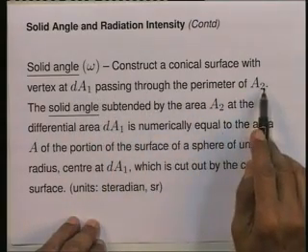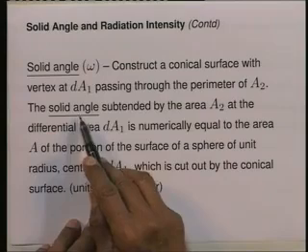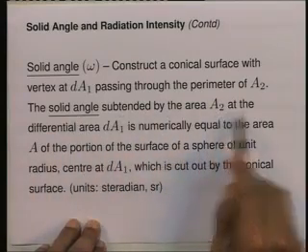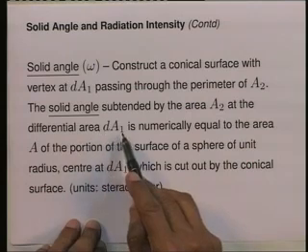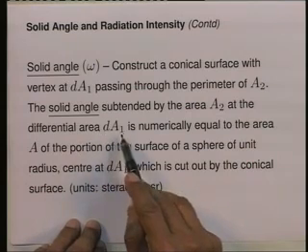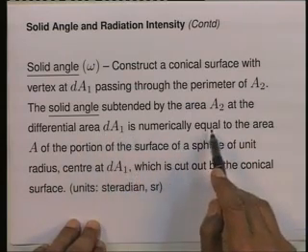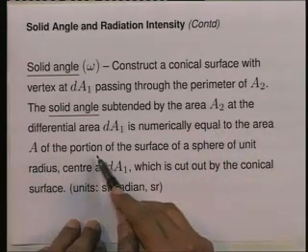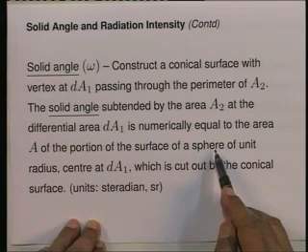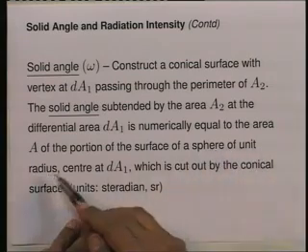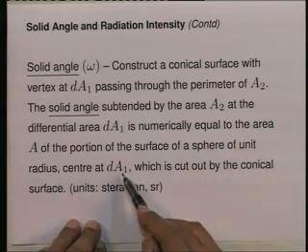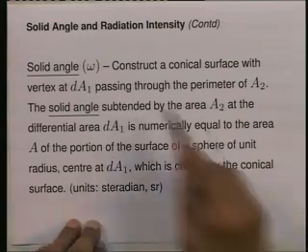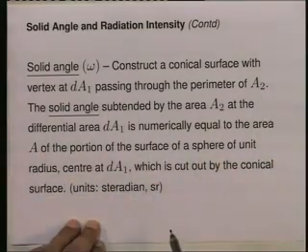The solid angle subtended by the area A2 at the differential area dA1, that is at the point dA1, is numerically equal to the area A of the portion of the surface of a sphere of unit radius centered at dA1 which is cut out by the conical surface. All right, this is the definition which I have described to you.